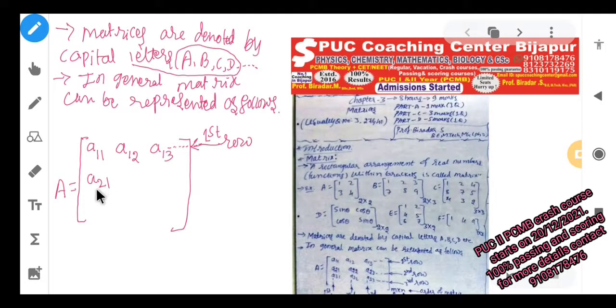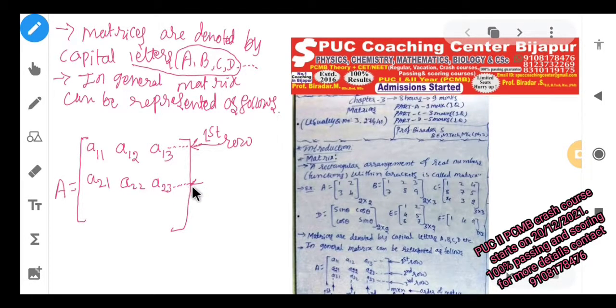As I told you in the beginning, you have to specify first the row, then the column, that is the second row but the first column. So that is the element lying in the second row, first column. Similarly here A22, the element lying in the second row, second column. So here it will be 2, 3 and so on.